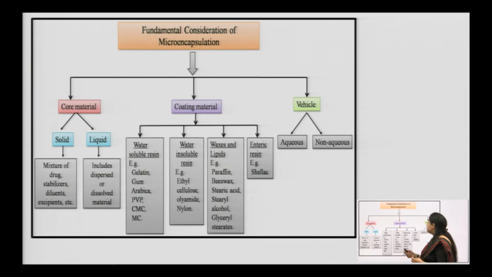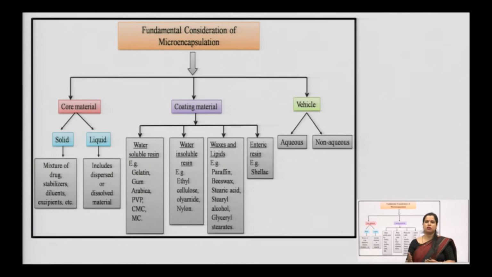Now, the water insoluble resins which we use for microencapsulation techniques are ethyl cellulose, polyamide nylons, and waxes and lipids. The third category is paraffin, beeswax, stearic acid, stearyl alcohol, glyceryl stearates.